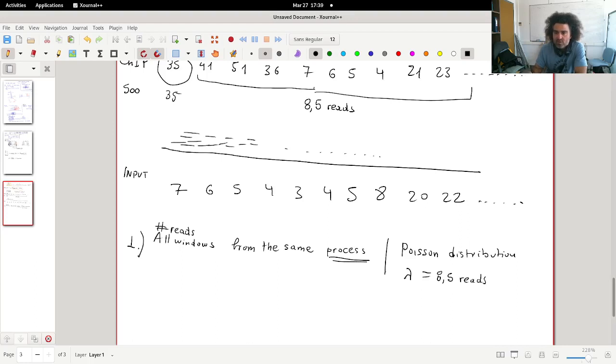So this means the following, that if we would have a window of 500 base pairs, then on average we would expect 8.5 reads in this window.